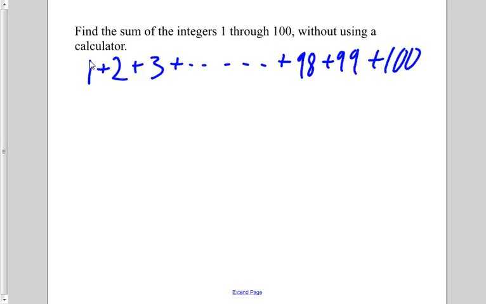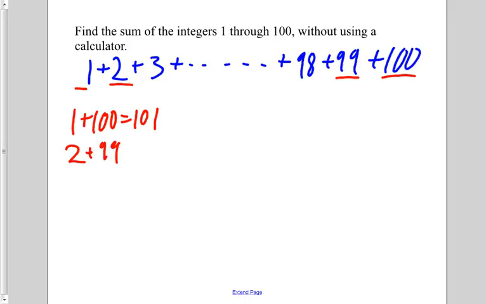So what he did, he looked and he said, well, I've got 1 and I've got 100. So 1 plus 100 equals 101. Well, 2 plus 99 is 101 as well. 3 plus 98, well, that equals 101 as well.